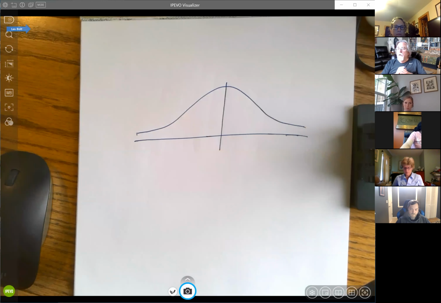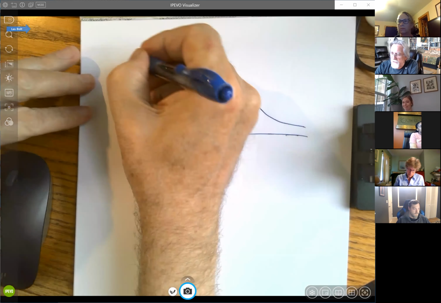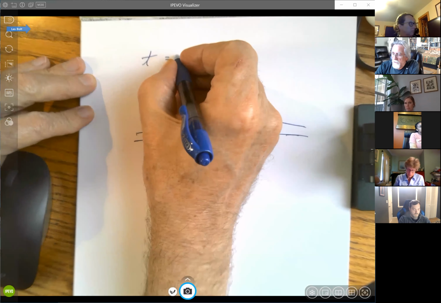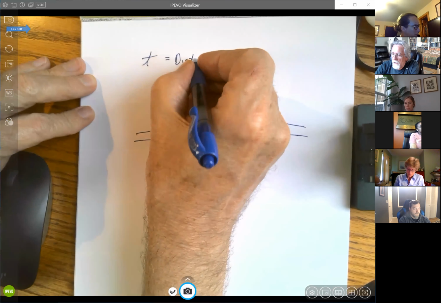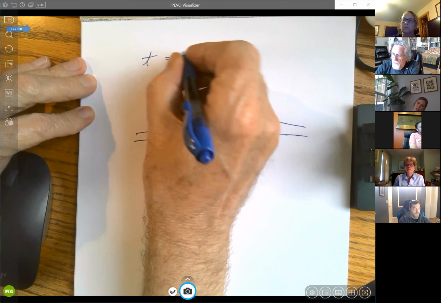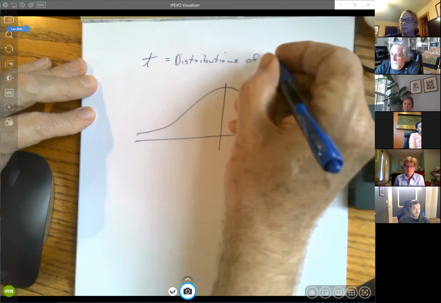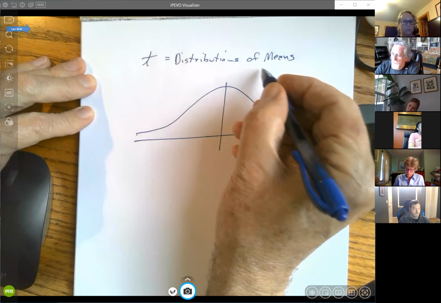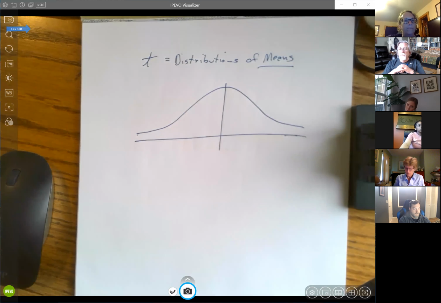Now, there are 3 primary t-tests. Now, remember that t-distributions are distributions of means, mostly sample means, but there are some different means in here.